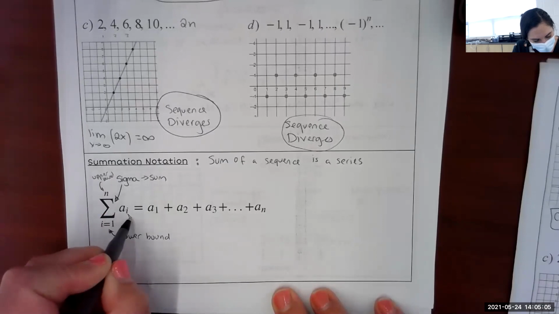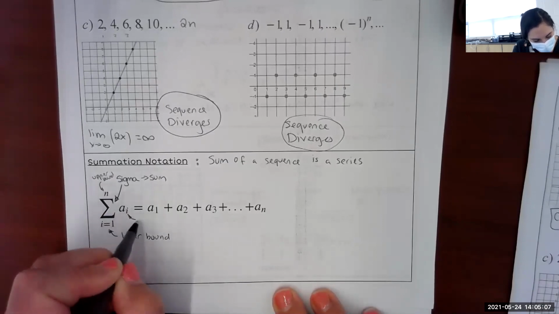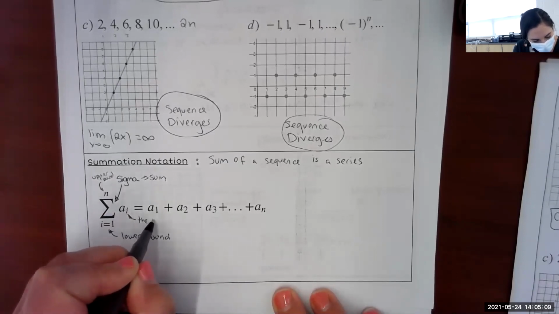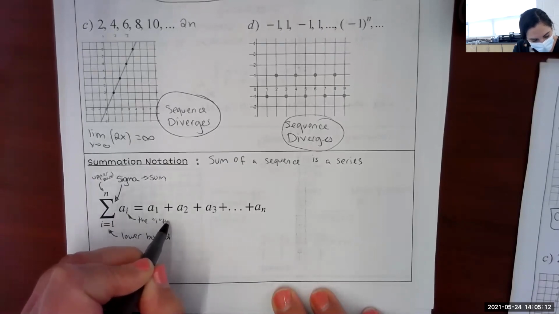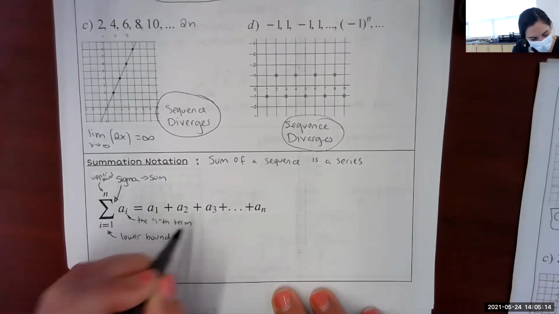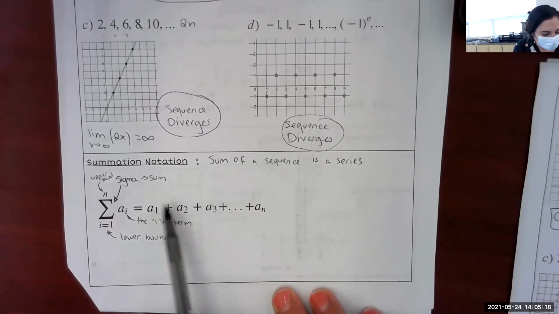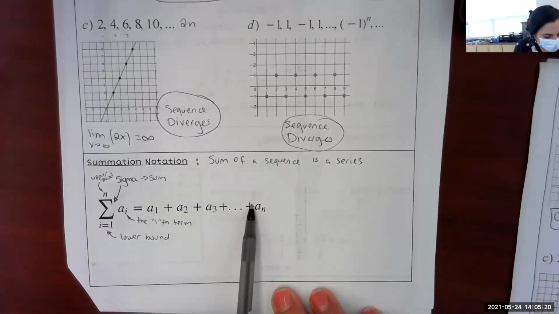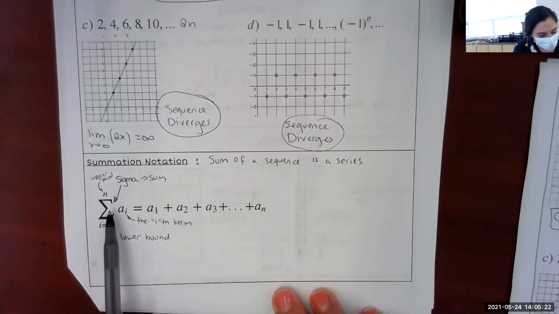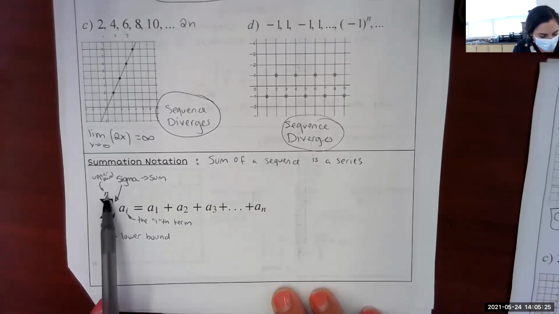And a_i is just the ith term. So instead of writing out 1 over 1, 1 over 2, 1 over 3, all the way to 1 over n, we can write the sum from 1 to n of whatever the expression is.